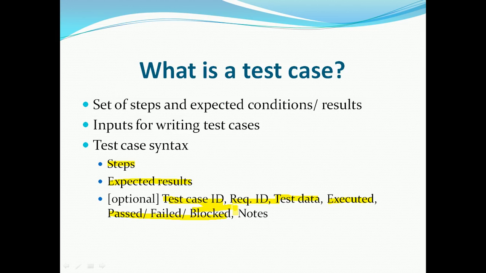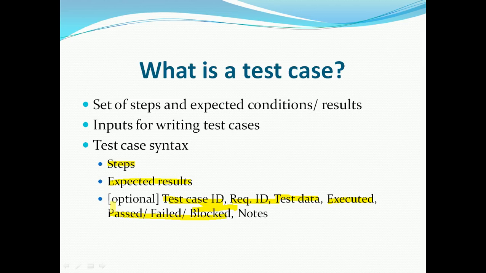If the test case is not blocked, which means that you are able to execute each and every one of the steps, then two possibilities are there. One is that everything worked as per the expected results. You were able to execute each of the steps, and whatever expected results were listed in the test case, each of those were satisfied by the system.